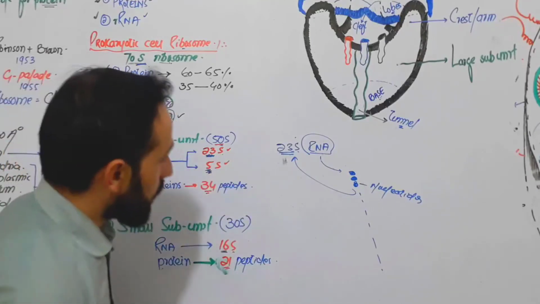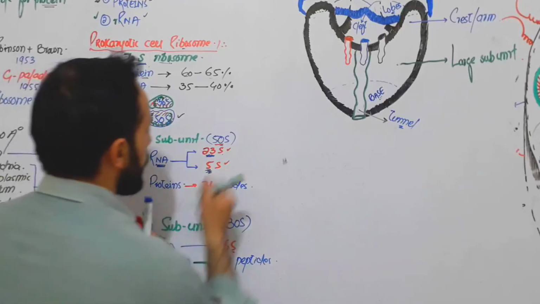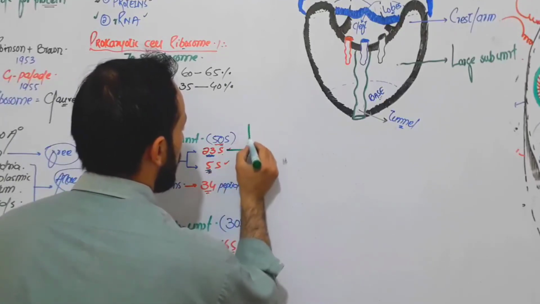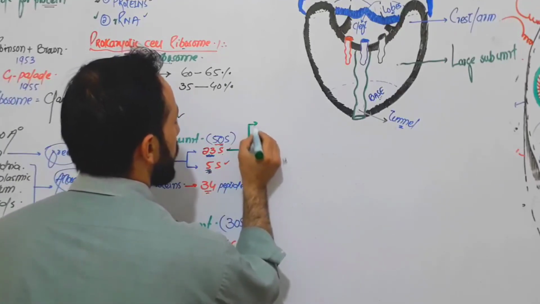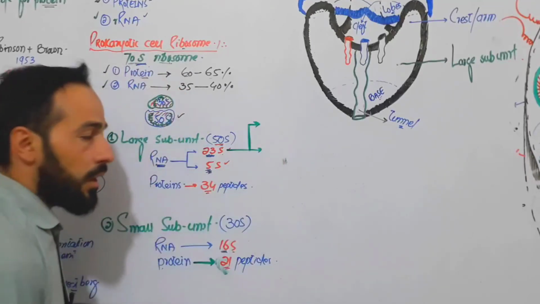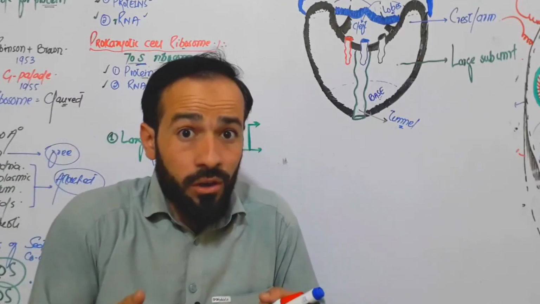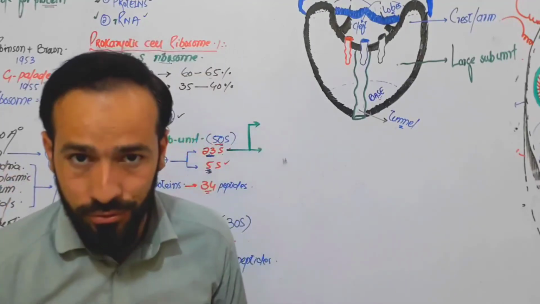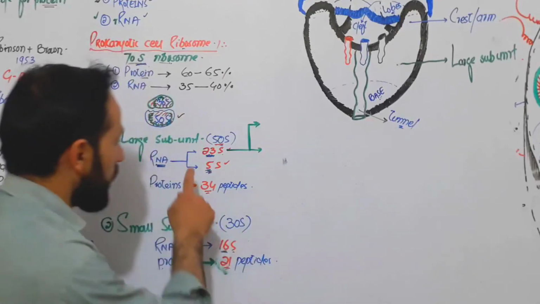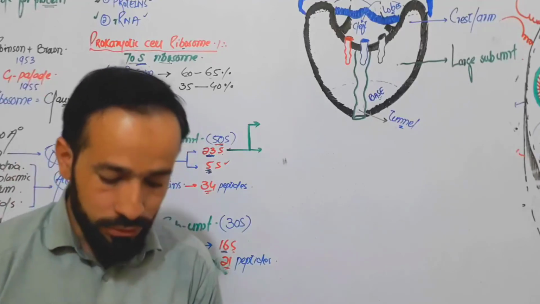Let's write the detail here. In the case of 23S RNA, we should mention two important things: the number of nucleotides, and the weight of those nucleotides. That's so simple, right?